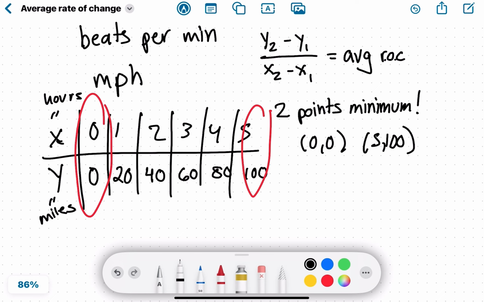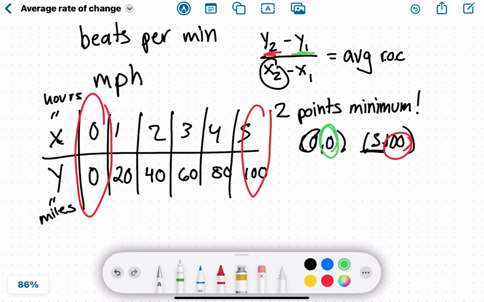Okay, so we have our x's. Our latest x would be 5, and that is x2, and x1 would be the very first one, 0. And then in terms of y's, y2 would be this one, and y1 would be this one.